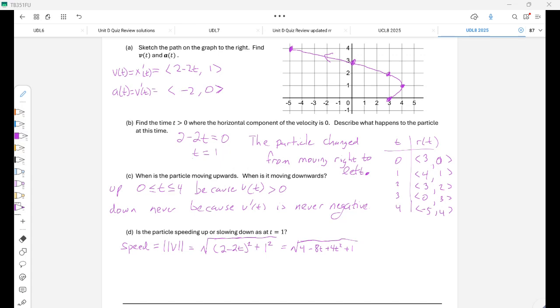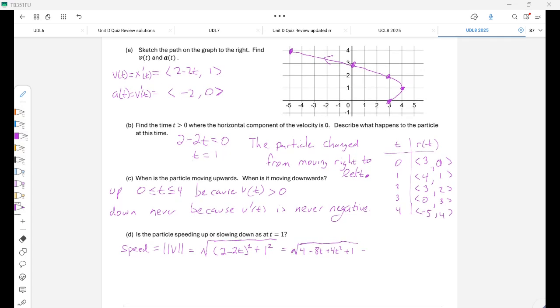Which I can then just make 4t squared minus 8t plus 5. Cool. Okay.